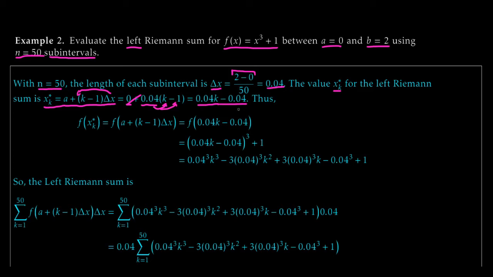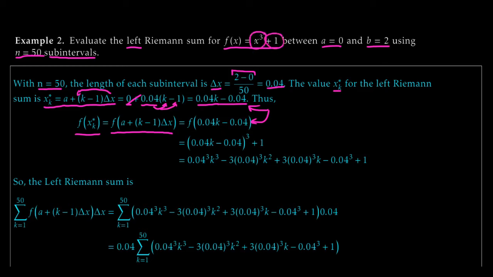To get the height of each of our boxes, we're going to need to plug this into our function. That is, we'll find f of xk star, which, using our formula for xk star, is just f of a plus (k minus 1) delta x. We already computed that right up here, so we might as well just plug it on in to f. All right, f of x is x to the third plus 1.